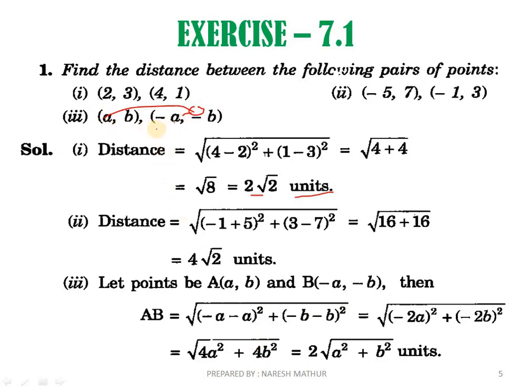Now suppose we take this one as x1, so we have to write a minus minus a. It will also become 2a, and we'll get 2a square, which is 4a square. So we'll get the same answer. It doesn't matter in which sequence you consider x1 and x2.